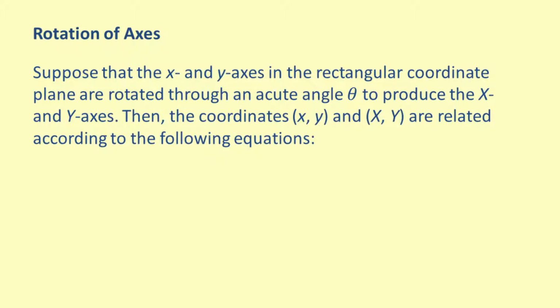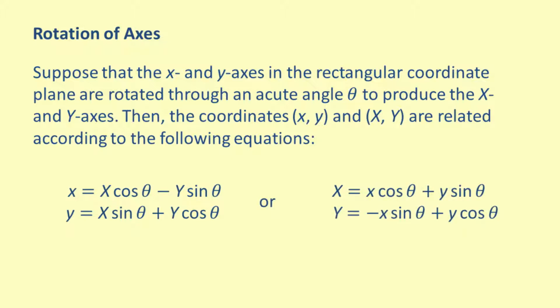Suppose that the x and y axes in the rectangular coordinate plane are rotated through an acute angle theta to produce the capital X and capital Y axes. We can solve for capital X and capital Y in terms of x and y, and doing so tells us that the coordinates (x, y) and capital (X, Y) are related according to the following equations. x equals capital X times the cosine of theta minus capital Y times the sine of theta, and y equals capital X times the sine of theta plus capital Y times cosine of theta.